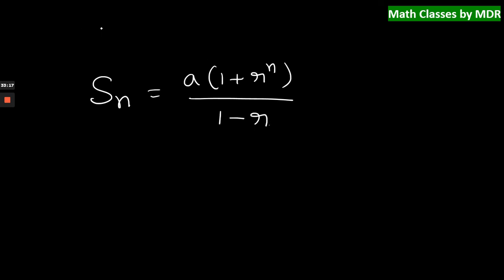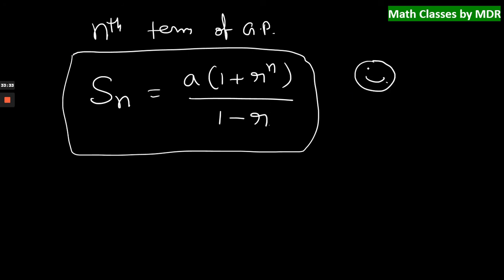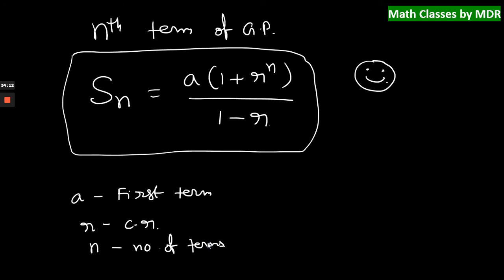So this is the sum of n terms of the geometric sequence, where a is the first term of the sequence, r is the common ratio, and n is the number of terms.